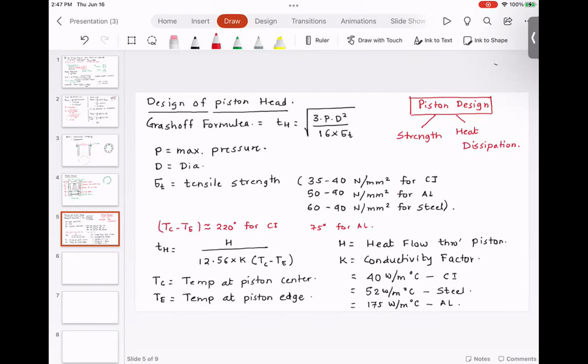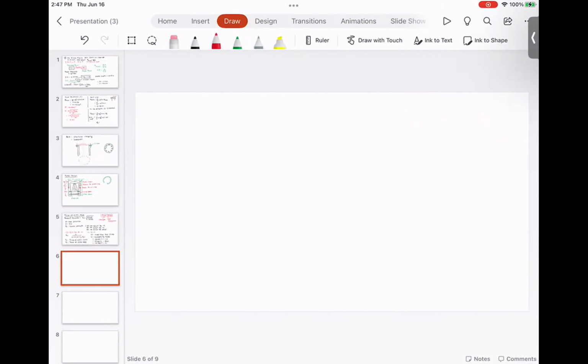So how do you find out the value of H? So value of H is a factor C multiplied by the higher calorific value of the fuel multiplied by the mass flow rate multiplied by the brake power.